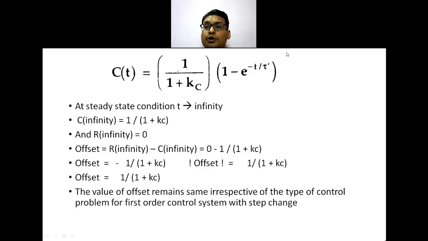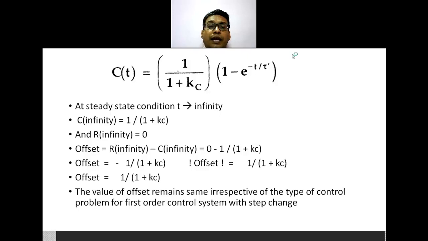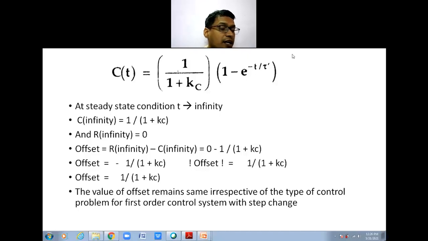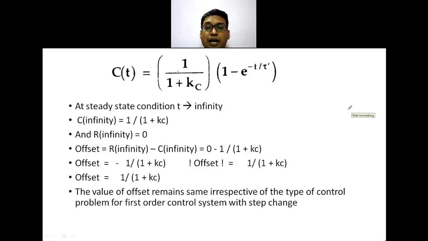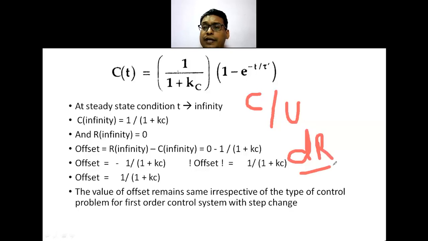In that C upon U, we are taking the dR upon dt. This is C upon U we are studying, and in this case dR upon dt equals 0.